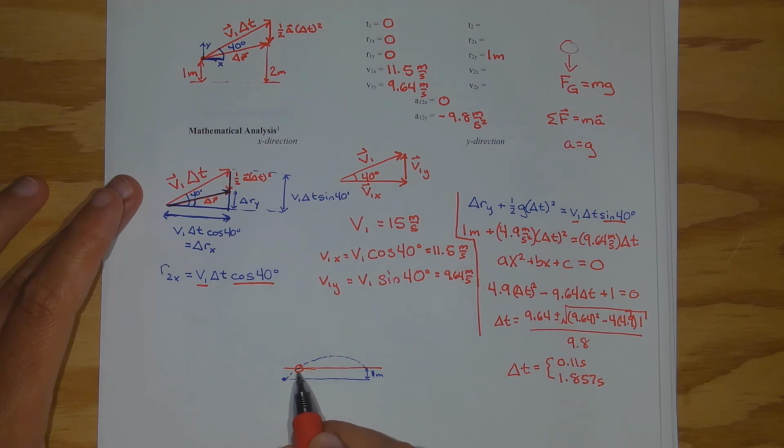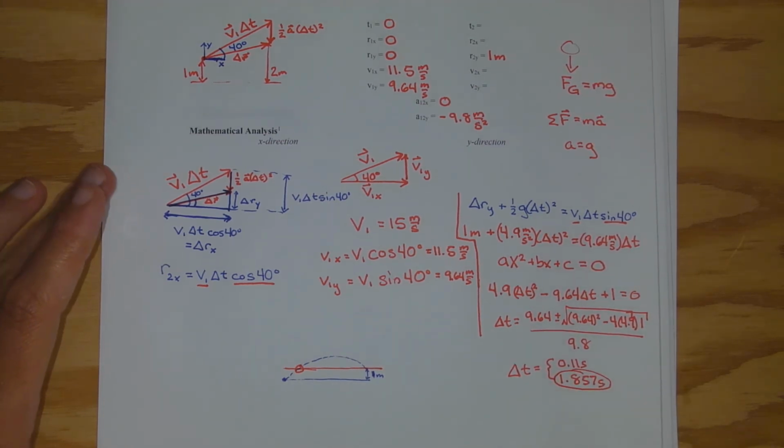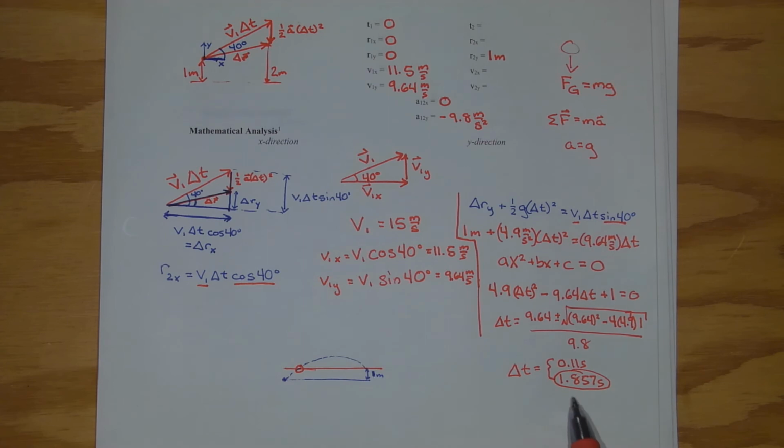So at 0.11 seconds, we are 1 meter above where we launched from, but we want the solution which is on the way back down. So that would be the 1.857 seconds. So both solutions mean something, and we have to figure out what they mean in order to pick the correct solution here. Okay, so we want the 1.857 because if the human cannonball is going to land in the net, they should be on the way back down when they hit the net.